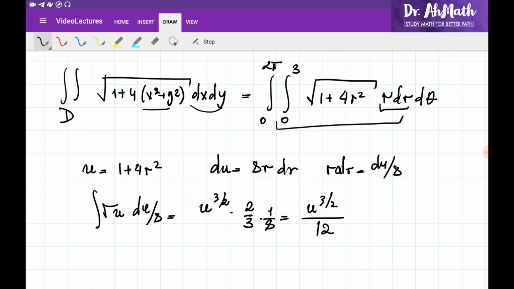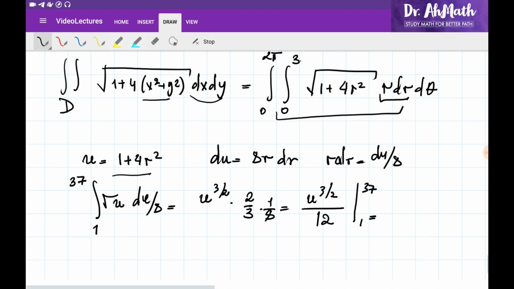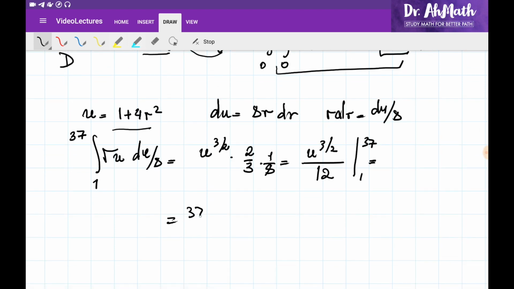I can define the borders of this integration as well. If I substitute 0 to here, I would have 1. And if I substitute 3 to here, it is 37. So I need to put here 1 and 37. If I substitute 37, it would be 37 multiplied by the square root of 37. If I substitute 1, it would be simply 1, which is minus 1, all over 12.